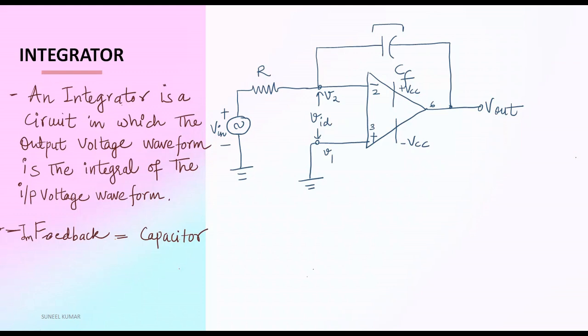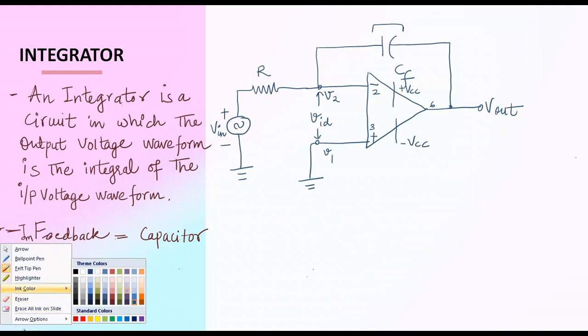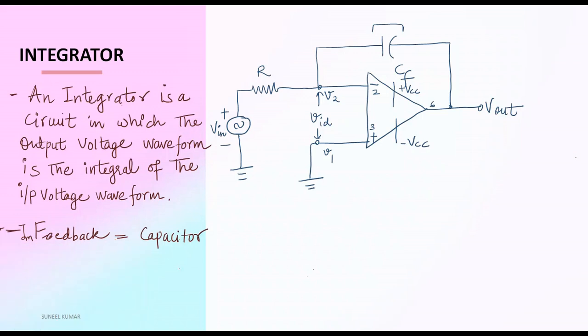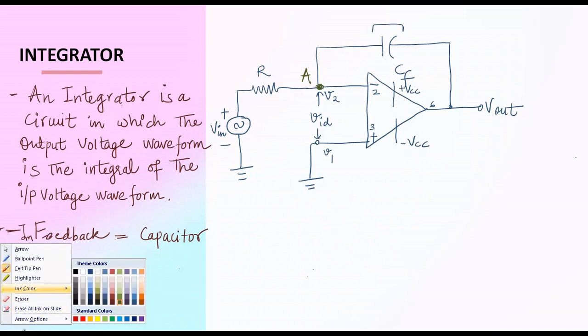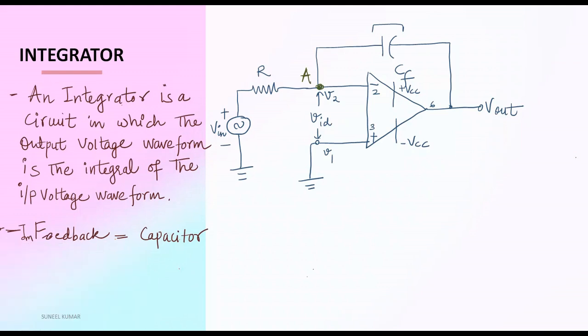Here we can write node A. Which one is node A? This is the inverting terminal, node A. It is a junction where currents are meeting. Let's say the current flowing through this branch is IR. The current going inside the op-amp is I, that is always 0 because of infinite resistance.